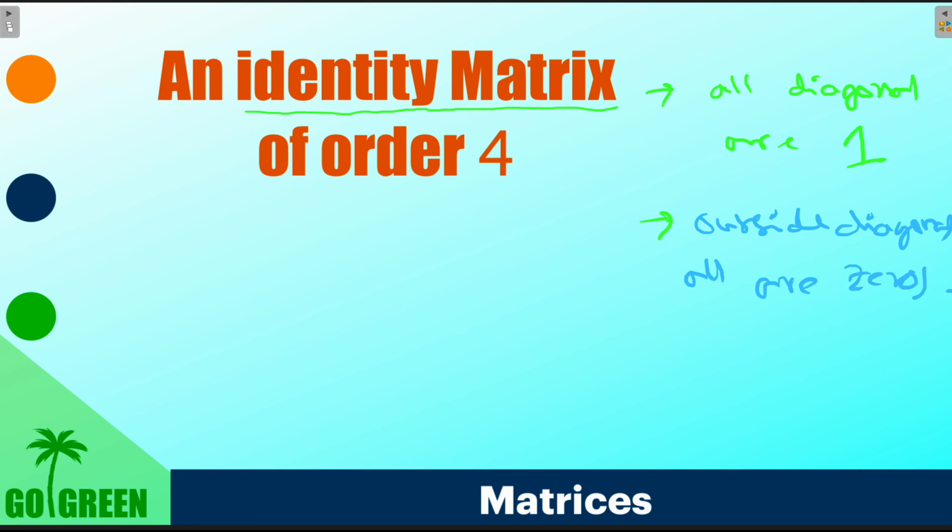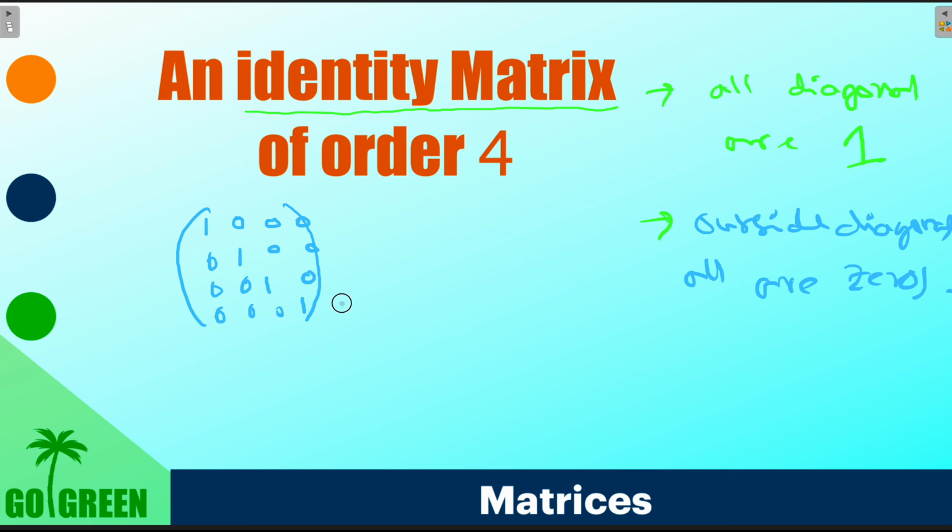So basically this is a restricted diagonal matrix, you can say. So here I will write a 4 cross 4 identity matrix. All diagonals are 1, so since order is 4, you can write 4 1s here, okay? And outside the diagonal all are 0, so you just put zeros in all the other positions.